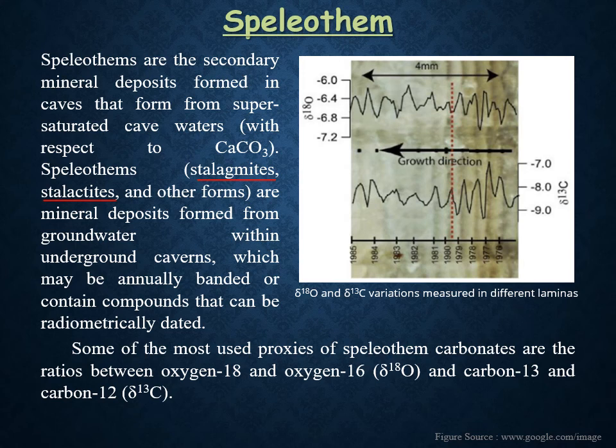So an area has to have sufficient rainfall so that surface water moves through the carbon dioxide rich soil. It reacts with the carbon dioxide, forms carbonic acid, and then dissolves the limestone bedrock, and ultimately that solution moves to the cave system, and at low partial carbon dioxide condition, the precipitation of calcium carbonates is found within the caves in the form of stalactites and stalagmites.